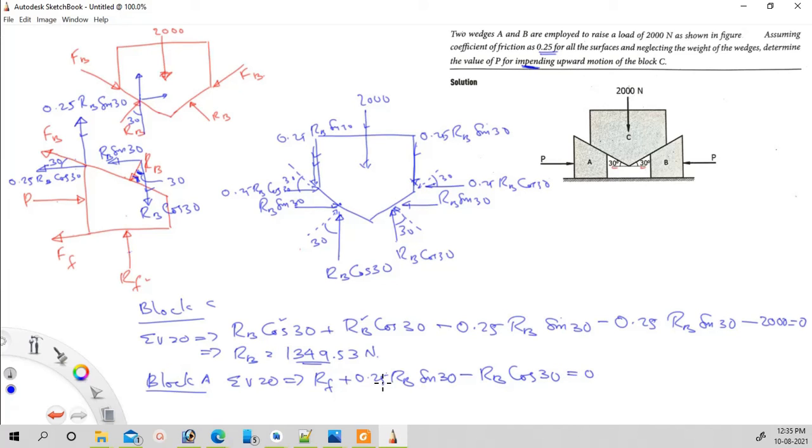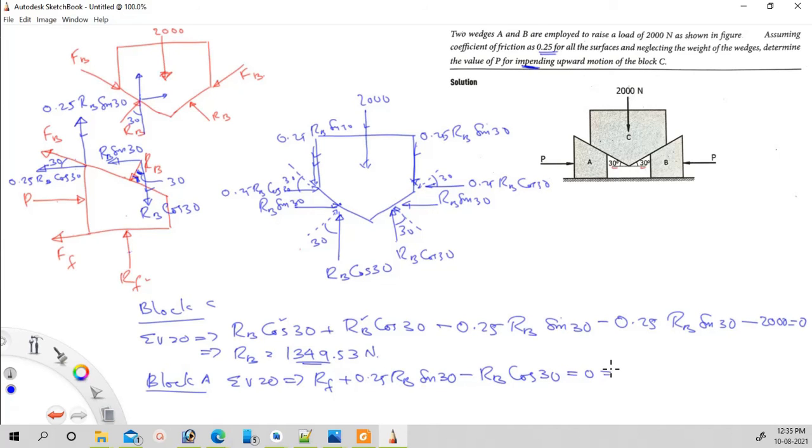Therefore, RF plus 0.25 RB sin 30 minus RB cos 30. This RB is the reaction from the block, and it is denoted by RB. Here also we have the value of RB.